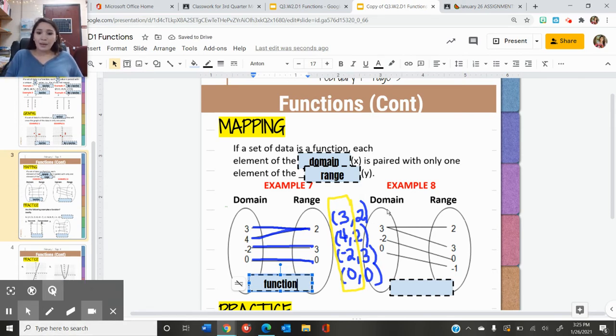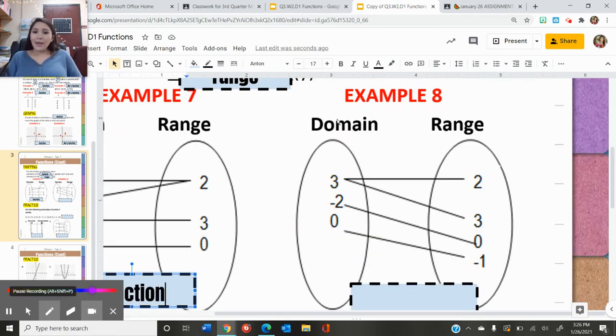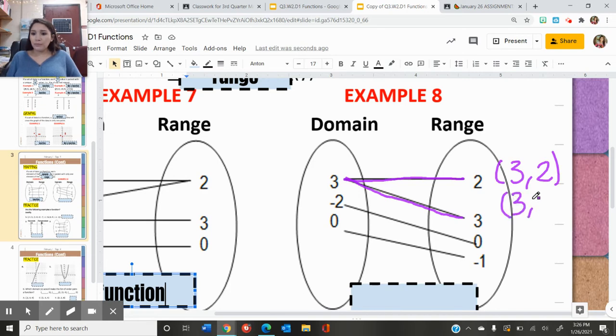However, looking at example 8, I'm going to go ahead and zoom in. So again, I'm pairing the numbers in my domain to my range. So here I have these 2 lines coming from my domain, my x value. So what this is telling me, I have 3 being paired with 2, and I have 3 being paired with 3.